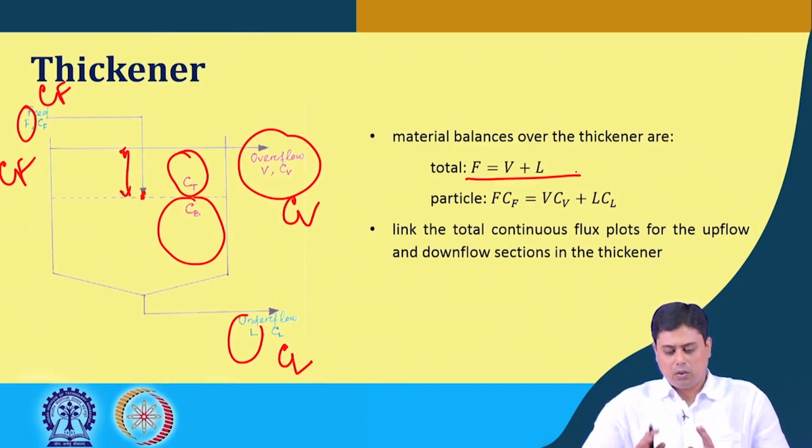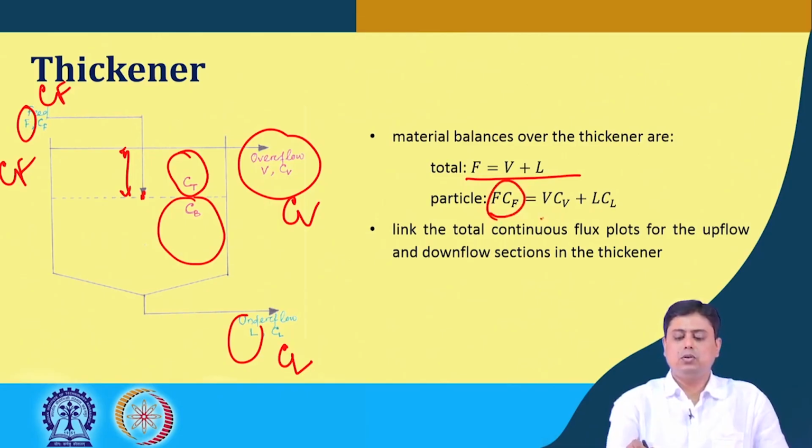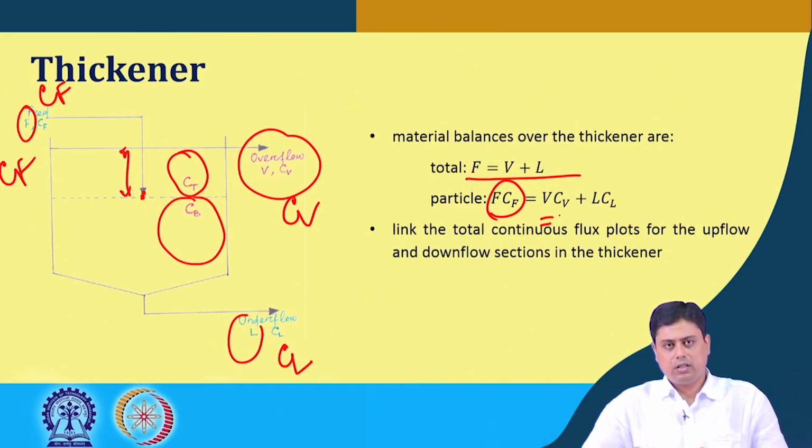The total flow: the feed is equal to the overflow plus the underflow, F = V + L. And the particle balance: F Cf is equal to the volumetric flow rate of the overflow multiplied by the corresponding concentration, plus the volumetric flow rate of the underflow with its concentration, F Cf = V Cv + L Cl.